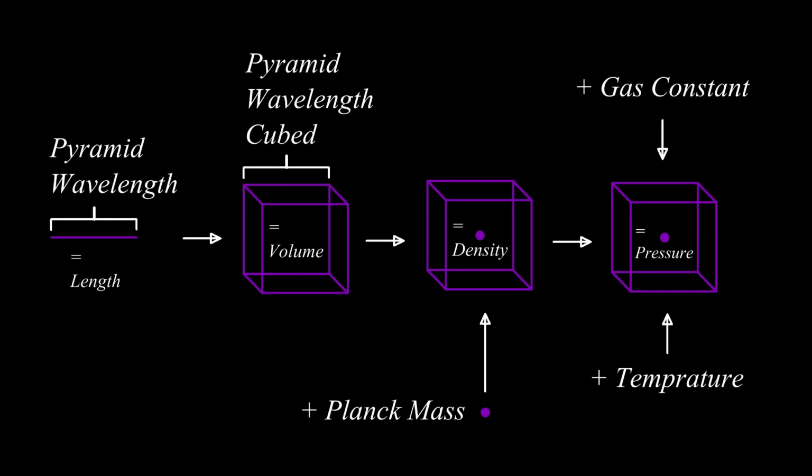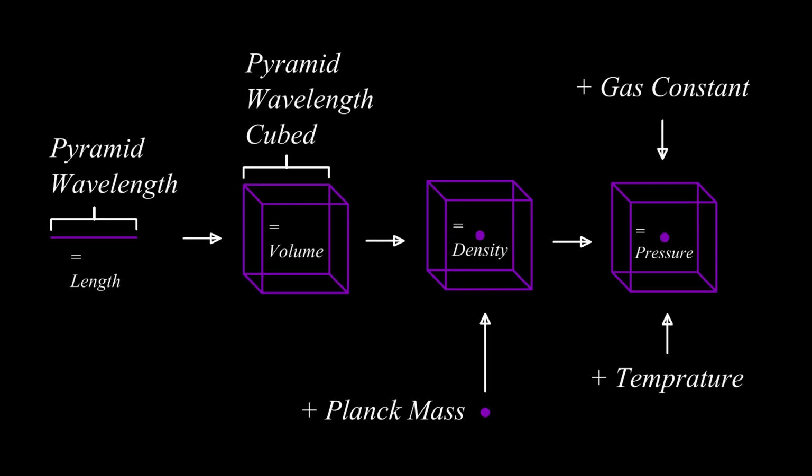And that is how you derive density. A density is instantly calculated by adding the Planck mass unit, which never changes, as shown in the previous slide, to the volume of a cube, where each edge represents the wavelength of the pyramid.